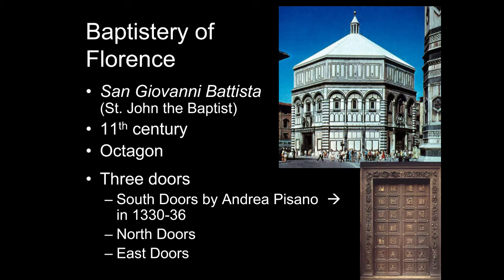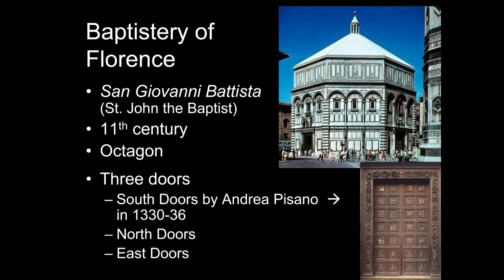It is an octagon, as are many baptistries. The original baptistry, the first one, is the Lateran Baptistry in Rome, and it is an octagon. And so there's a long tradition of associating the number 8 and an 8-sided building with a baptistry.